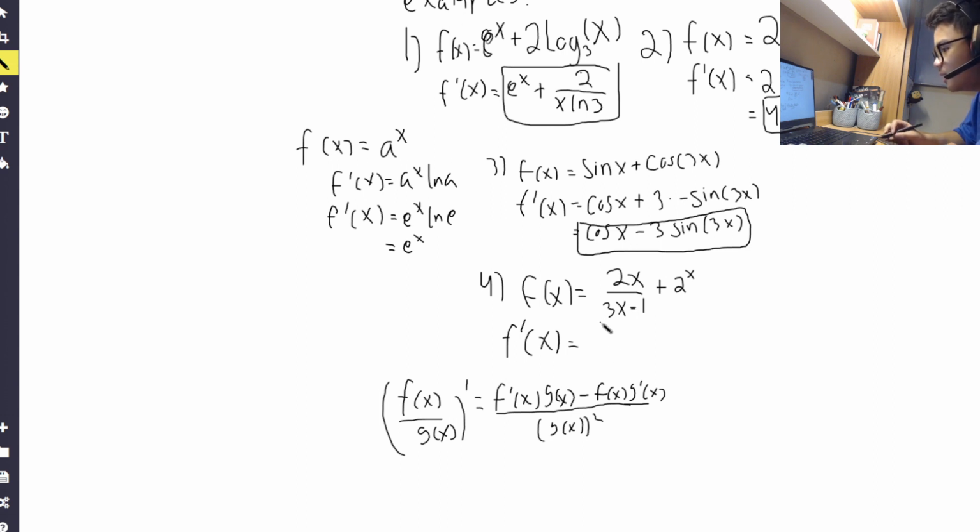The derivative of 2x is 2, so 2 times 3x minus 1, minus f(x), which is just 2x, times the derivative of g(x), which is 3, because the derivative of 1 is 0. Divided by g(x) squared, which is 3x minus 1 squared.